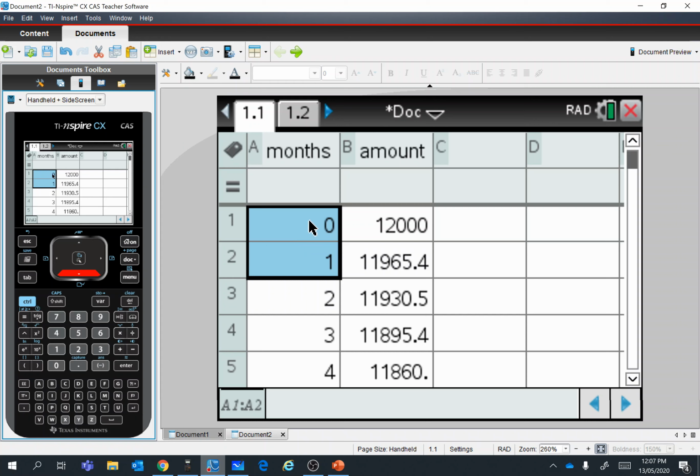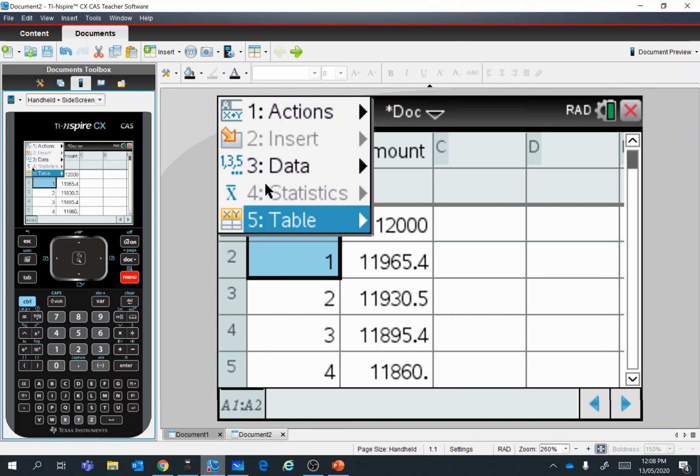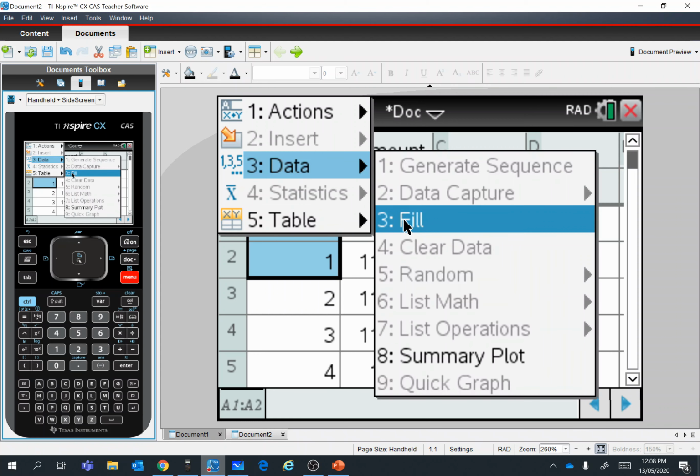Now the calculator is clever enough to understand that we're starting to count up. We're going 0, 1, and it knows that we want it to continue to count like that. But we have to tell it by saying Menu, Data, and we're going to do that Fill. So Menu 3, 3.